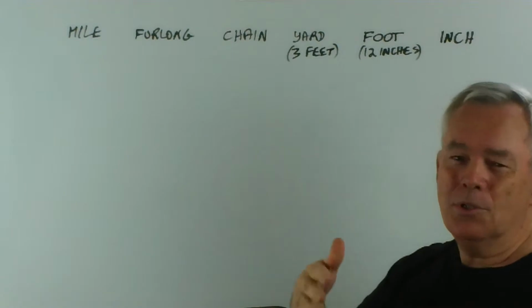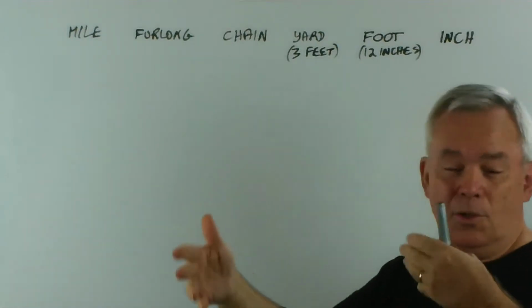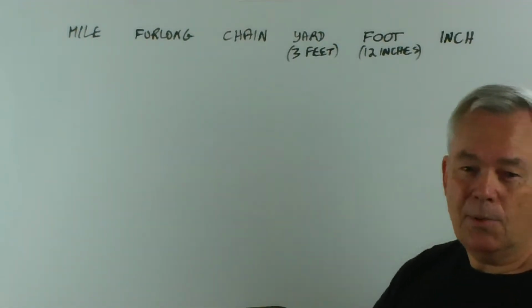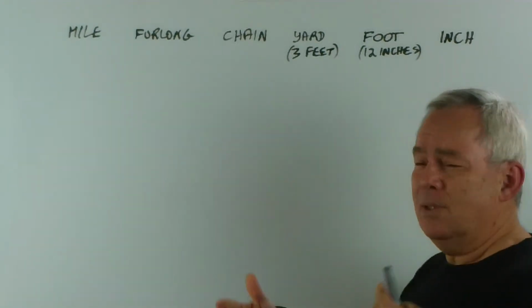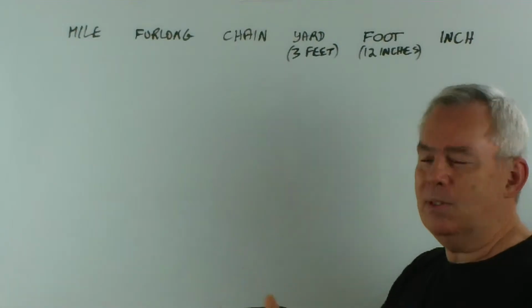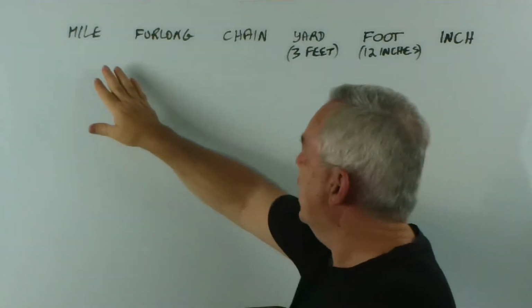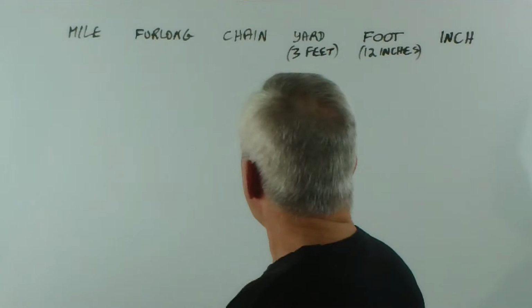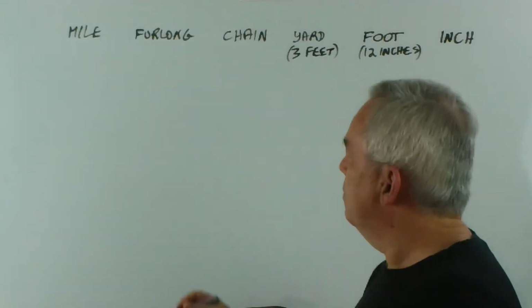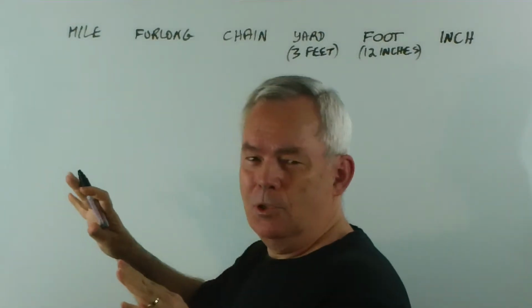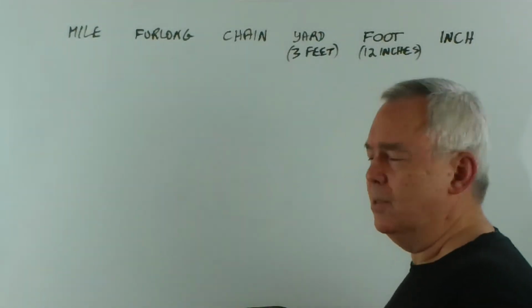Now, of course, this distance varied according to the terrain they were marching on and how tired they were and how much equipment they had and how well fed they were and such like. So it wasn't a fixed distance, but when it was standardised eventually, I think in around 1300, there was a great push for standardisation of measurements in England.